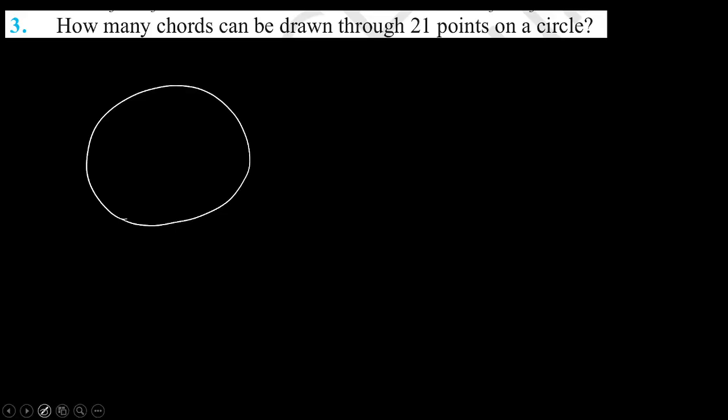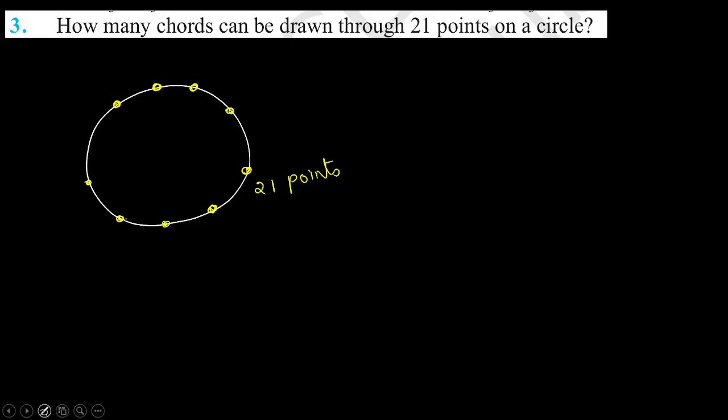We have a circle and there are 21 points on the circle. I don't want to show all the 21 points here. The question is, how many chords can be formed?